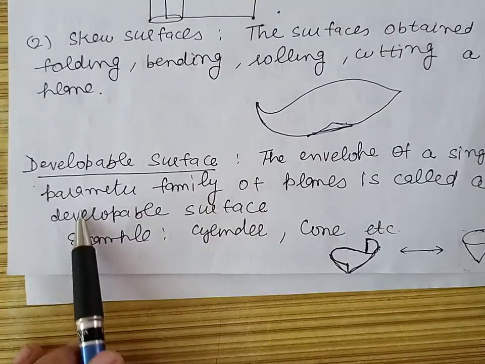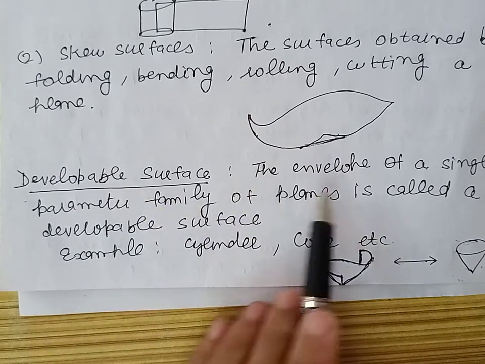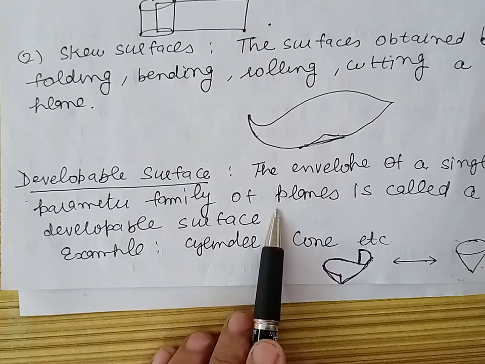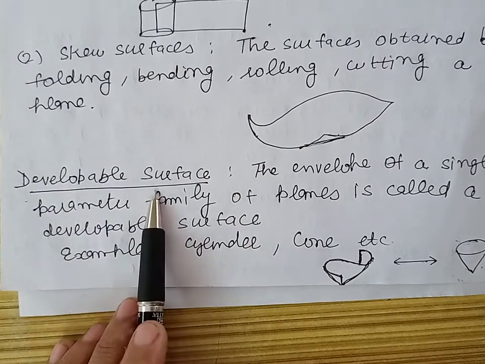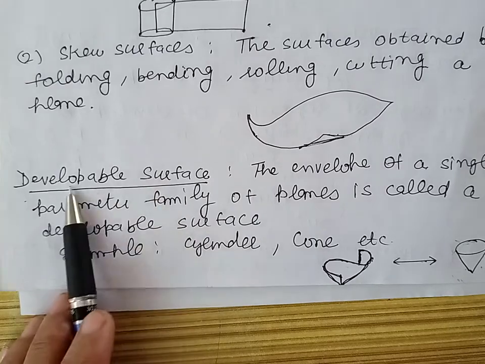Now, analytically, we can define a developable surface as the envelope of a single parameter family of planes. So, the envelope of a single parameter family of planes is called a developable surface. For example, a cylinder, or a cone. A cone is also a developable surface.